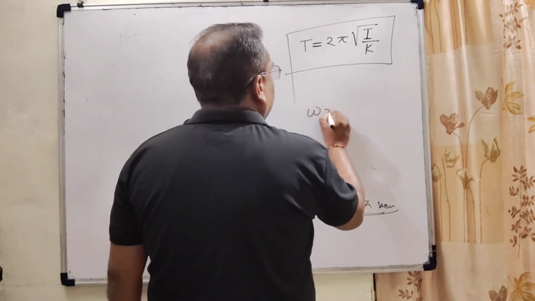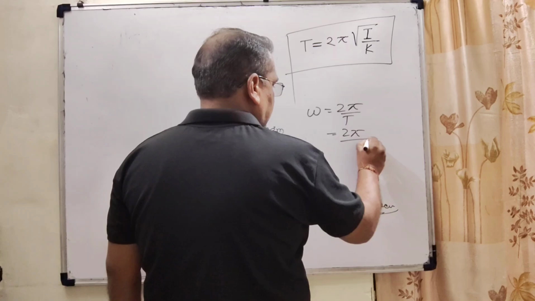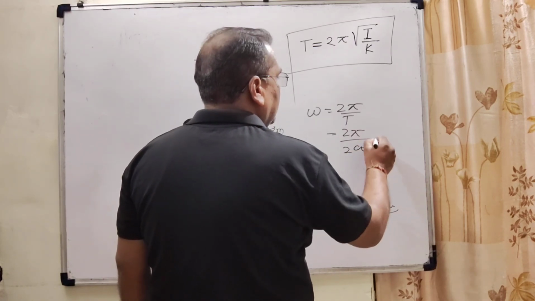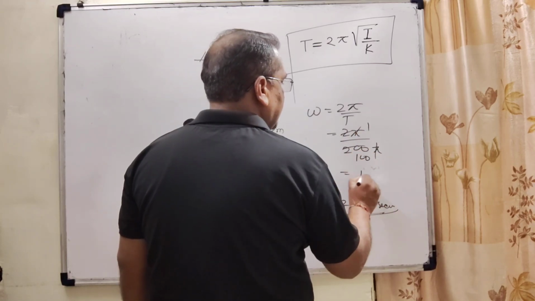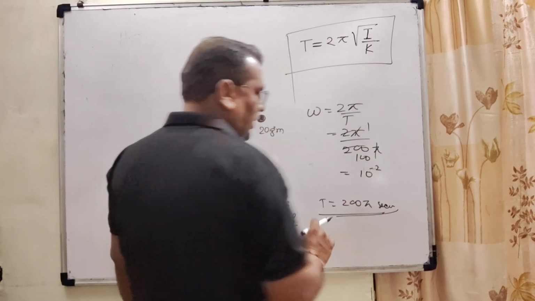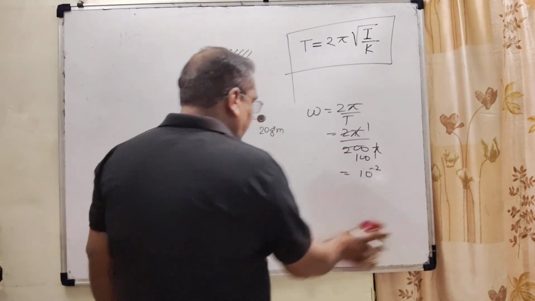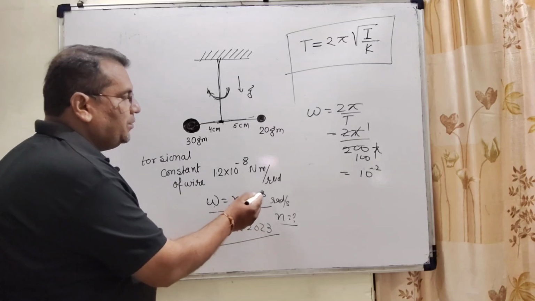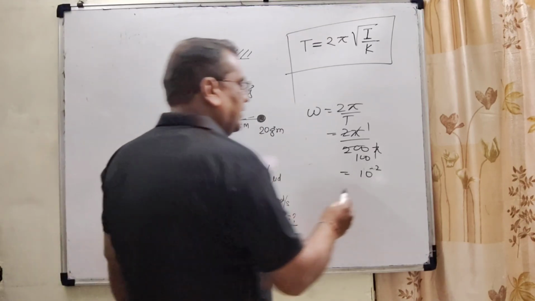Now omega = 2π/T = 2π/200π. The π cancels, giving 1/100, that is 10^-2. This is our answer, but the question asks omega = n × 10^-3, so we have to change its order.